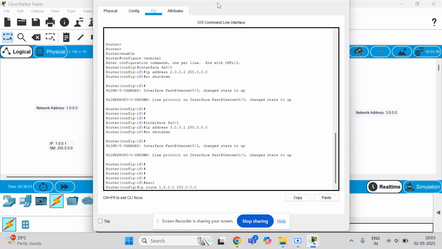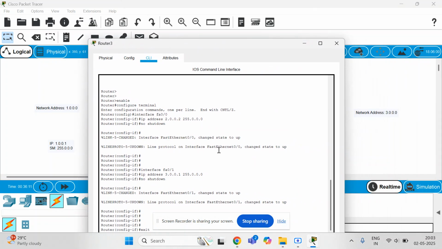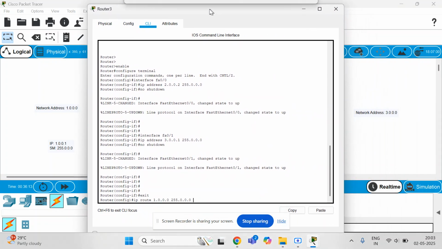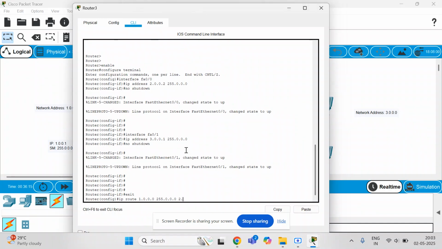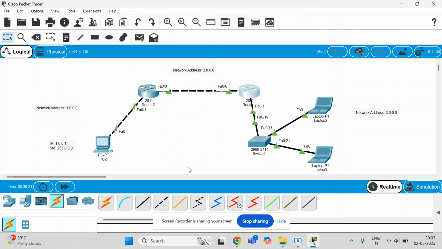The next hop is this router, this router's Fa0/0 which is connected with the second router. Its address is 2.0.0.1. Kindly write that as the next hop IP address, 2.0.0.1. Done. Now the whole configuration is done.